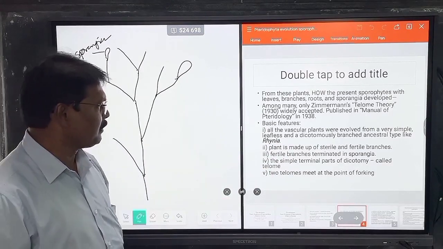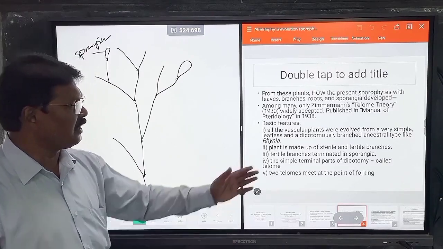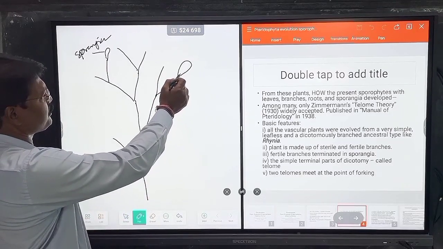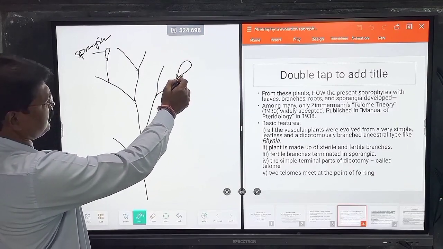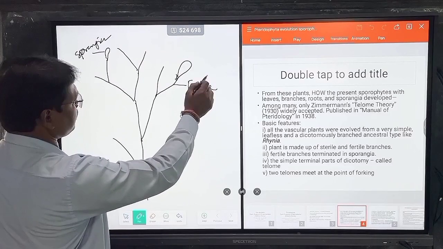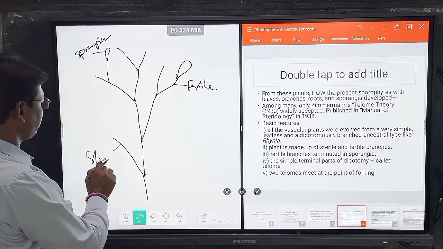like Rhynia. The plant is made up of sterile and fertile branches. These are the fertile branches, and the others are the sterile branches.